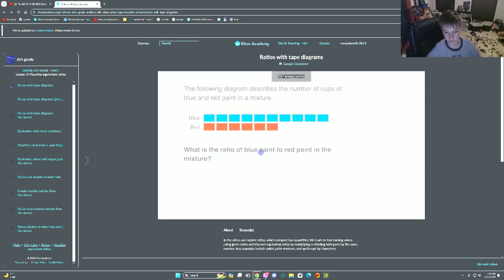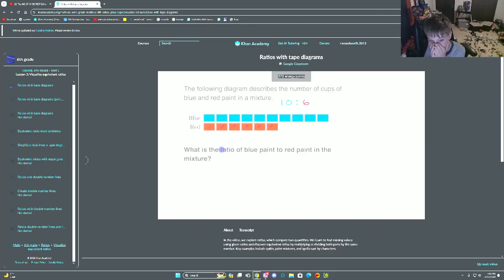What is the ratio of blue paint to red paint in the mixture? So try to work it out. All right, so let's just see. We have 1, 2, 3, 4, 5, 6, 7, 8, 9, 10. 10 to 6.